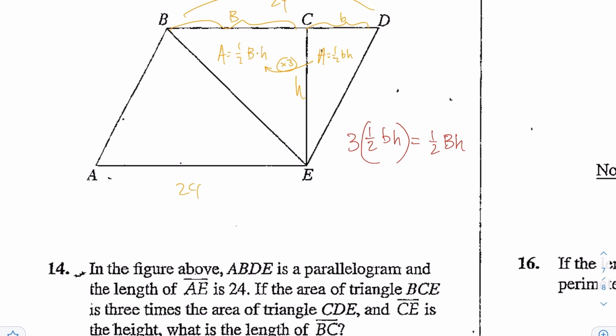So the larger triangle is equal to 3/2 b times h. And if you add this together, you get the total. So 3/2 plus 1/2 will be just 2 times bh, which will be equal to 24. So that bh will have to be equal to 12.